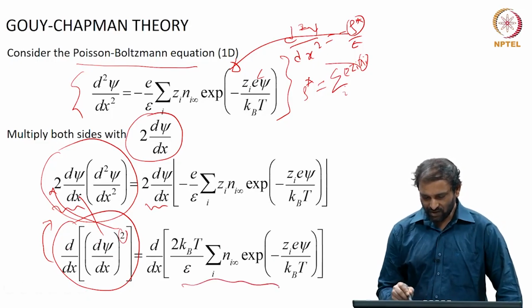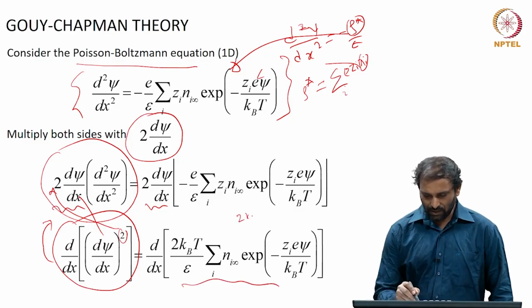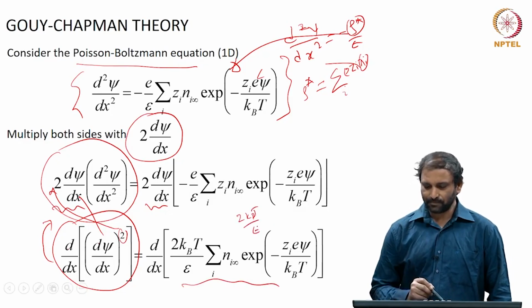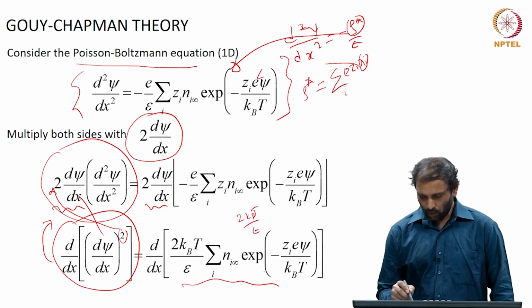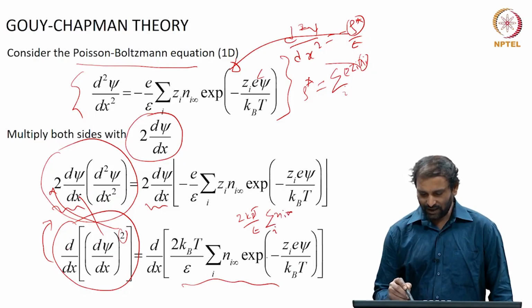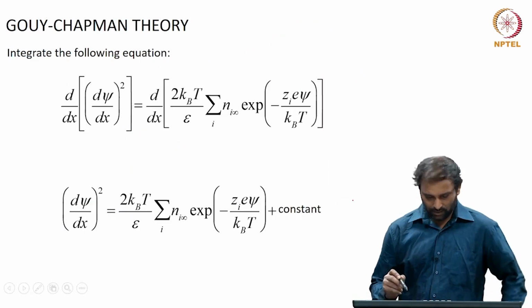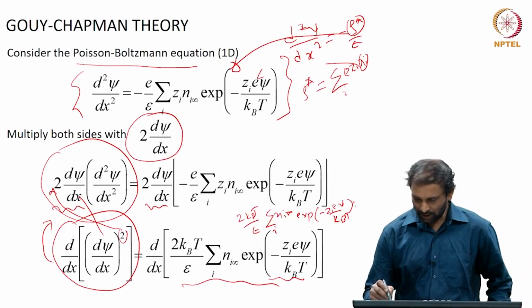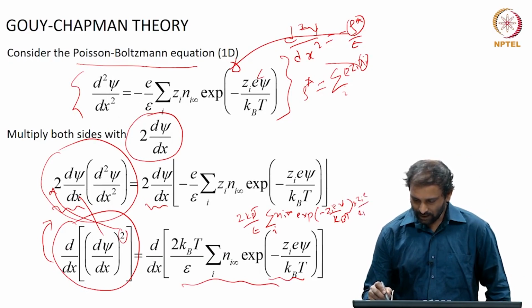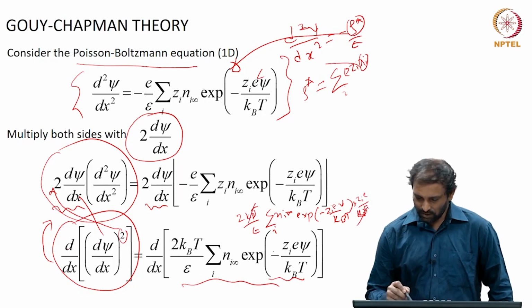If I differentiate this term, the first term remains the same, kBT divided by epsilon, and I have sigma i Ni infinity, and differentiating this term, it is still going to be exponent minus Zi e psi by kBT multiplied by Zi e divided by kBT, and this kBT gets cancelled.